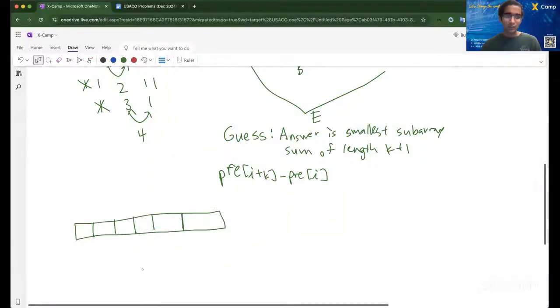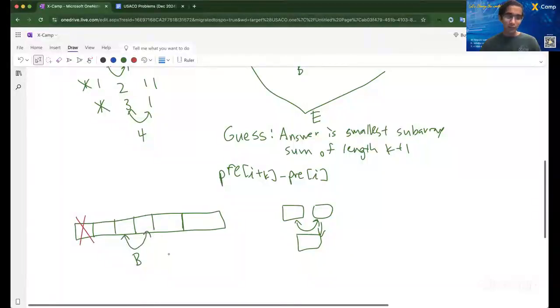Yeah, so essentially during the process, this will be merged into pieces. And Bessie doesn't want Elsie to be able to eat these pieces, right? So Bessie can start here. And then Elsie can pick one of these two ends, right? So red is Elsie.